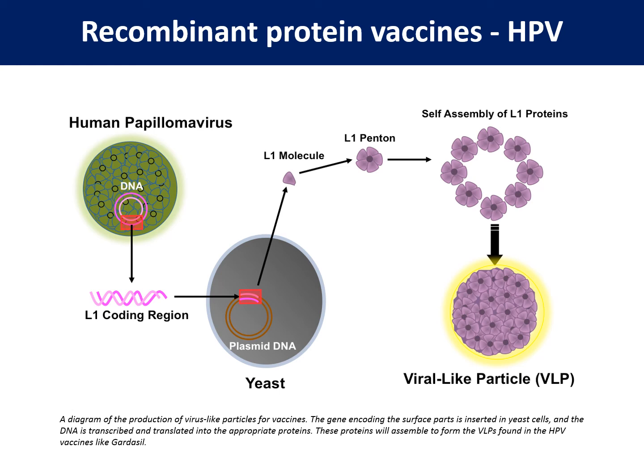So first, we need to identify the L1 coding regions, and these L1 coding regions will be inserted into the plasmid DNA, and from the yeast, similar to how the Hep B vaccine is produced, we will isolate and purify the L1 molecule that we produce. This L1 molecule will be allowed to self-assemble in a system to produce the virus-like particles, which mimic the native organization of a virus. Thus, it is expected to induce a strong immune response.